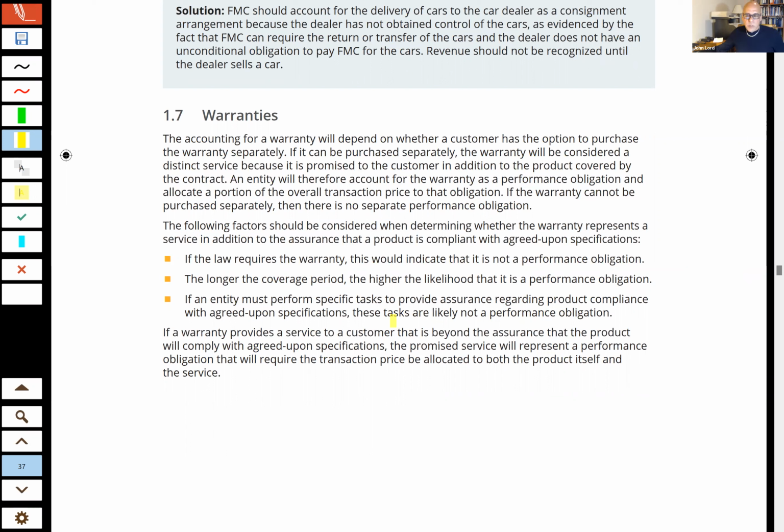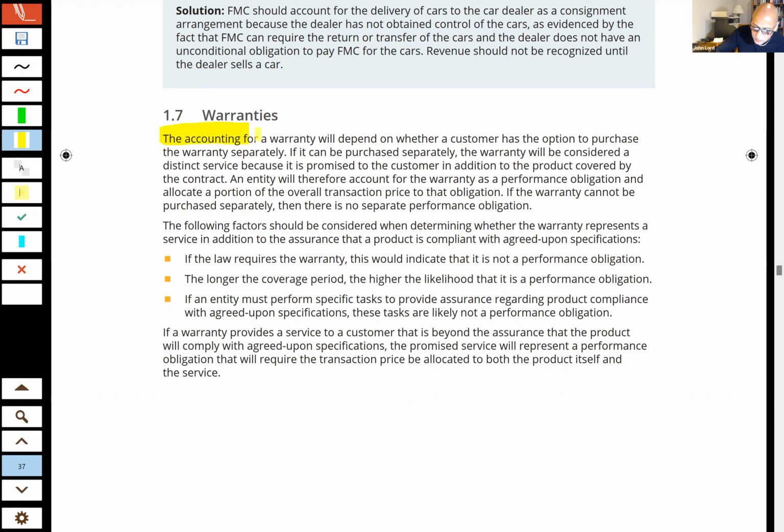They always hit you up and say, okay, it comes with a 1-year manufacturer warranty, but you can buy the extended warranty package with this, and that's going to cost you an extra $100, $200, whatever it is. Is that extended warranty a separate obligation, a separate product that they're selling you? Yeah. Right. Okay. So we're going to have to account for that separately, right?